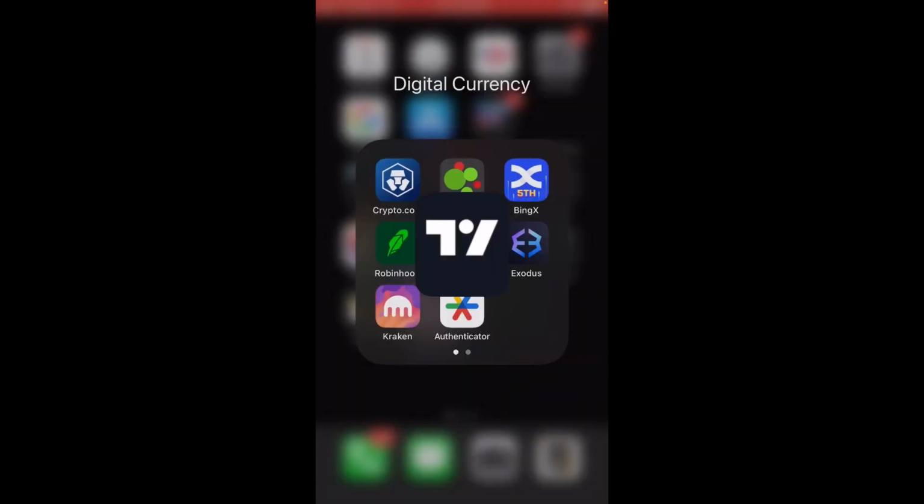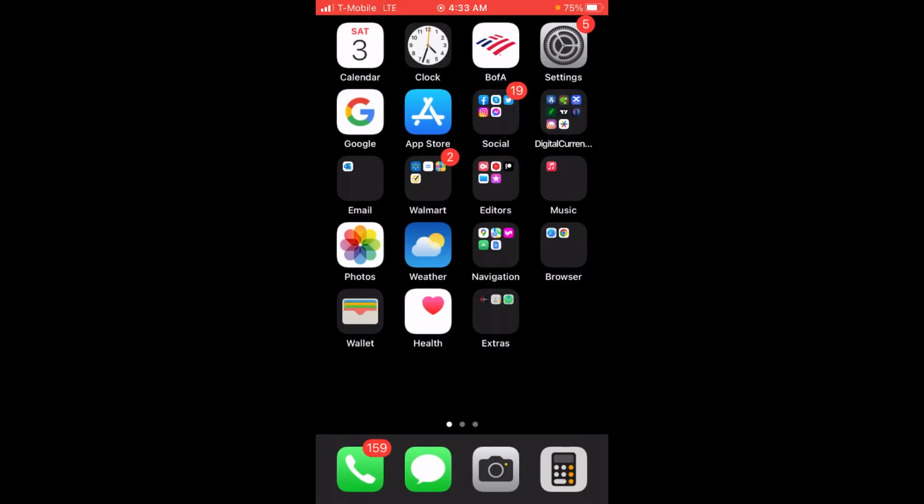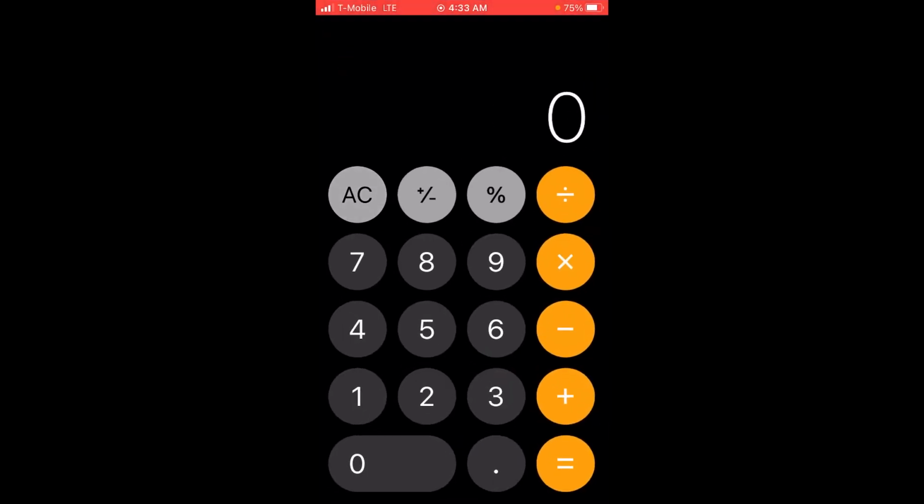Now let me show you my strategy on how I personally figure out how much to put in for my lot size. So let's just say I have a budget of $600. I'll divide that by 1,000.